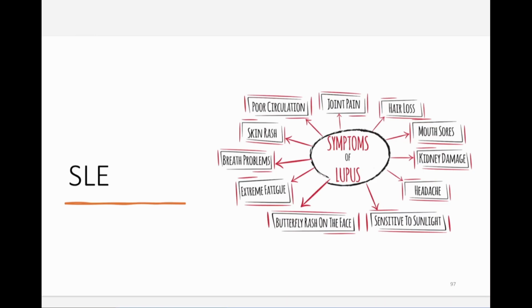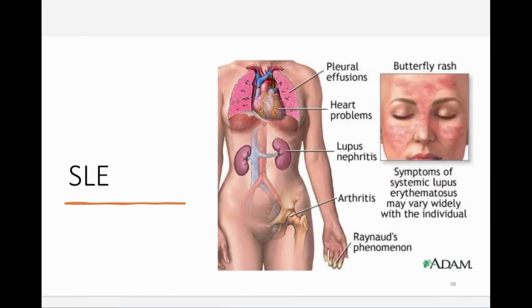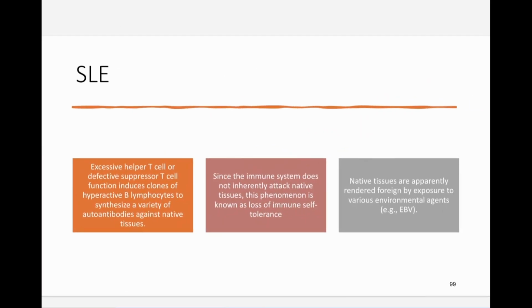That's why they have these relapses and remissions, because they may be fine for a while and then new complexes get inserted into these tissues, and when enough of it happens, then you start getting some symptoms from that. Again, it depends on where it is. If it gets in the kidney, there's lupus nephritis. It can get into the joints causing arthritis. So again, all these symptoms just depend on where they get lodged.